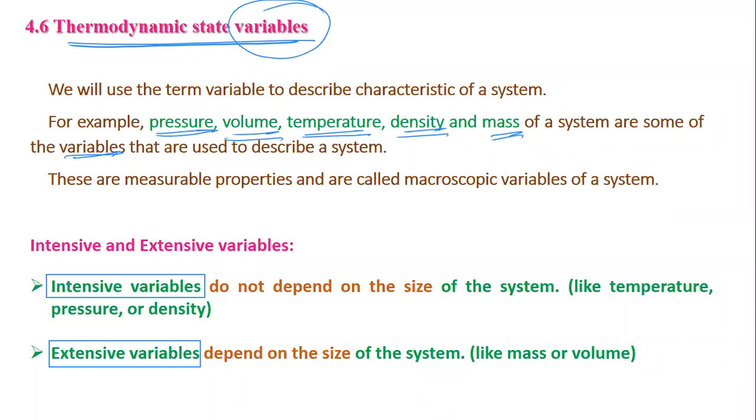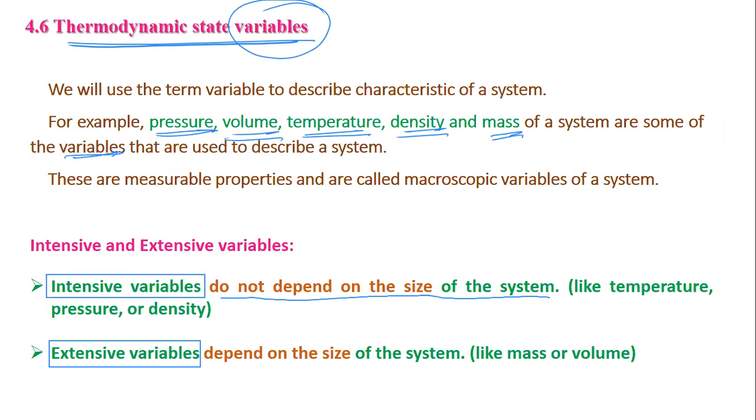An intensive variable does not depend on the size of the system, like temperature, pressure, density. Temperature does not depend on how much gas is there, and pressure also does not depend on the size.